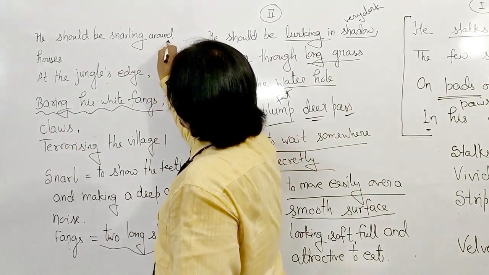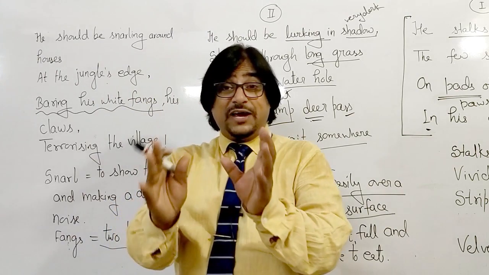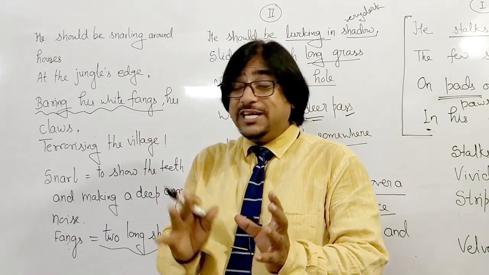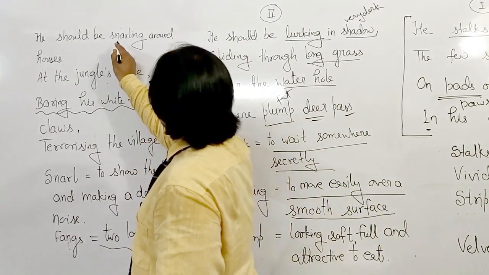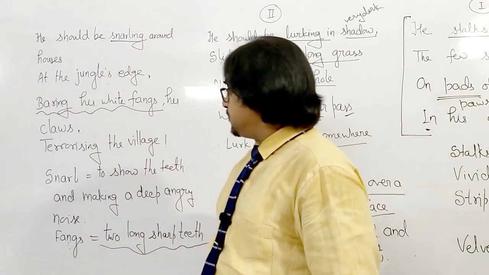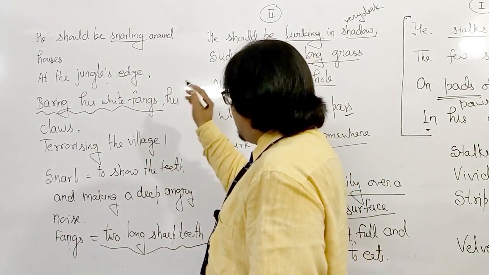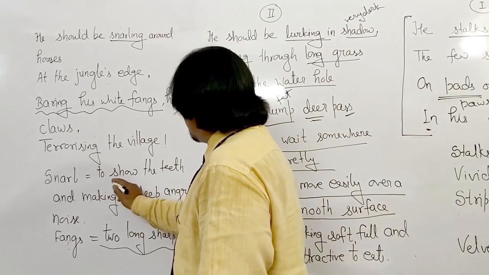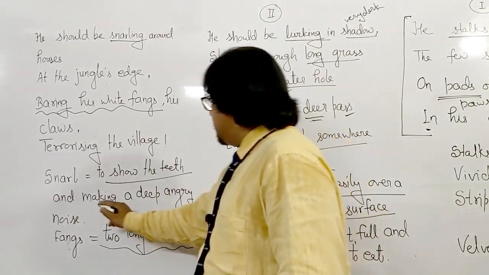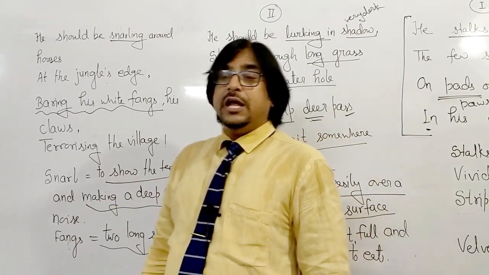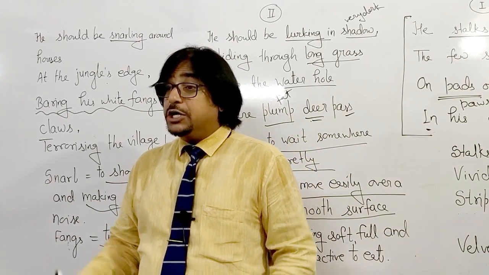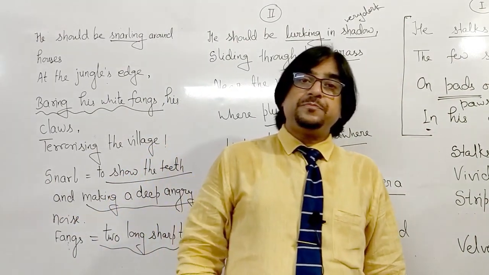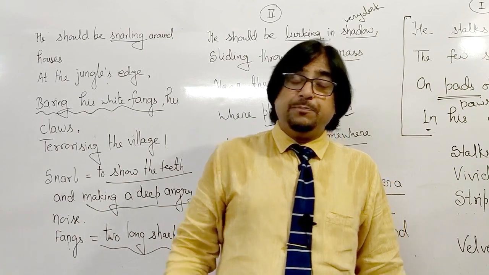He should be snarling, and the most important factor here is how he terrorizes in that place. So he snarls there. That means to show the teeth and make a deep angry sound there.